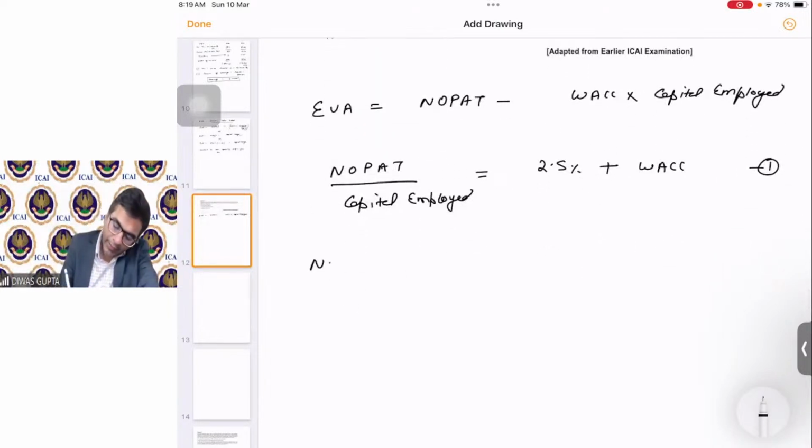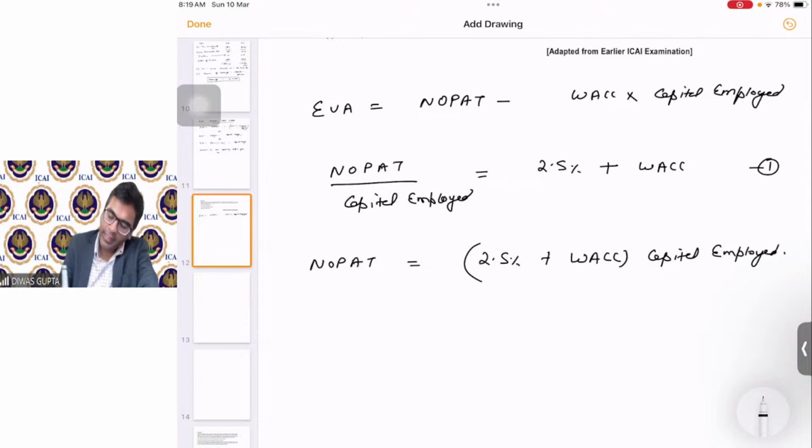Now for NOPAT, it is equal to 2.5% plus WACC, multiplied by capital employed. Can I write NOPAT is this? Yes. So 2.5% plus WACC whole multiplied by capital employed. Now let us substitute this NOPAT in the EVA equation.